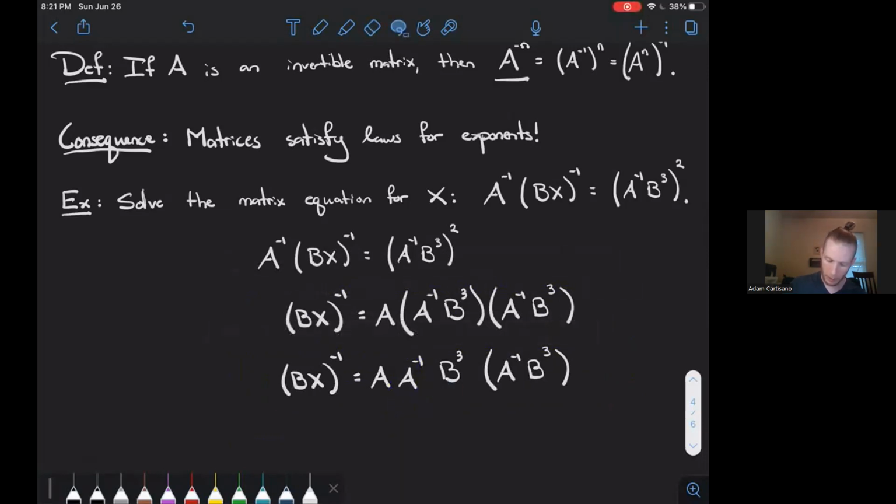By the associative property, I can swap these things around, and then they cancel. They become the identity, so I'm just going to cancel them out entirely. Okay, now I'm free to invert both sides. So what I'm going to do is raise both sides to the -1.